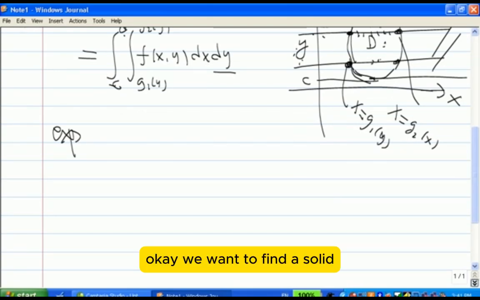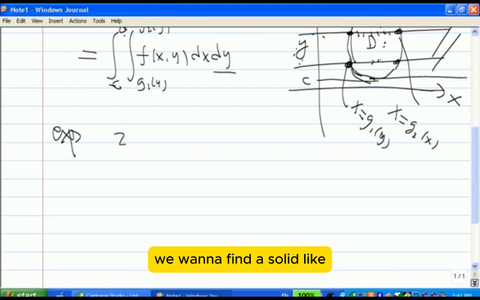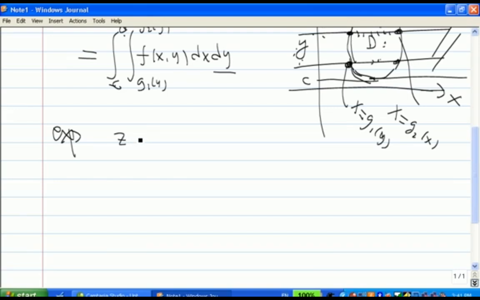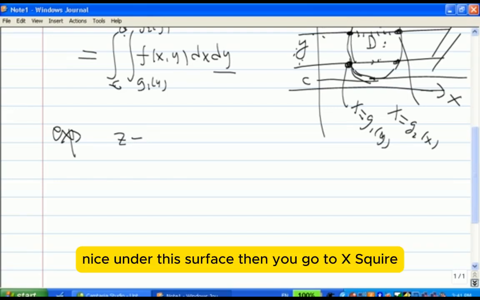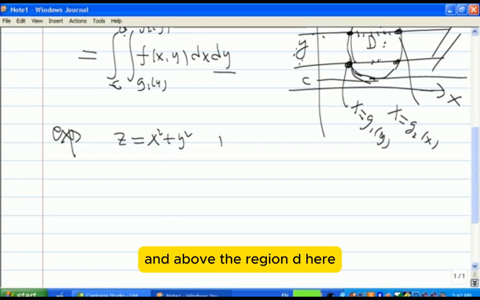Okay. Now let's look at the example. We want to find a solid that lies under this surface, z equals x squared plus y squared, and above the region D here.